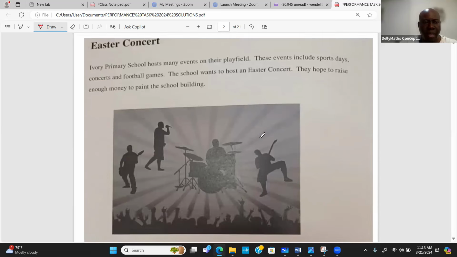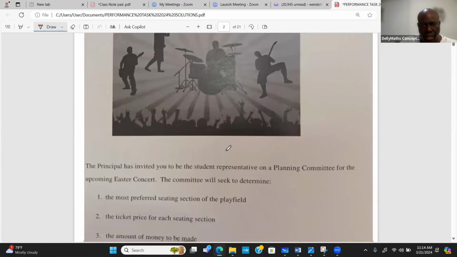Easter concert. Ivory Primary School hosts many events on their playfield. These events include sports day, concerts, and football games. The school wants to host an Easter concert. They hope to raise enough money to paint the school building.